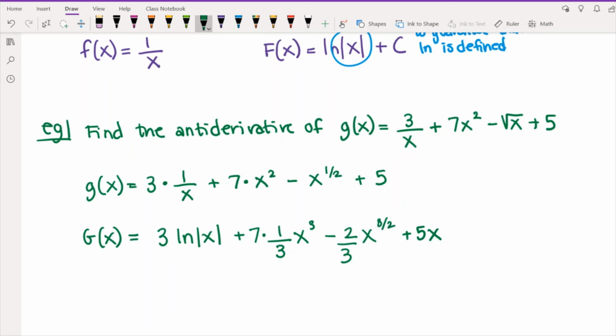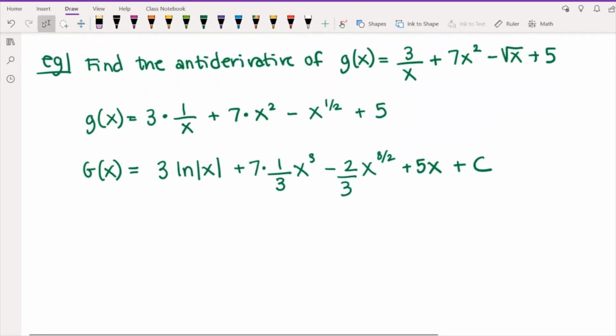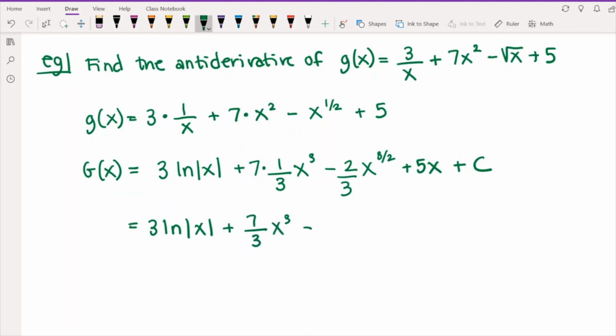And now we can tack on this plus c, this general constant that you could have written specifically for every piece, but might as well throw it together at the end. So putting this all together, we have 3 times ln of absolute value of x plus 7/3 x cubed minus, sorry, I just started taking the derivative for some reason.